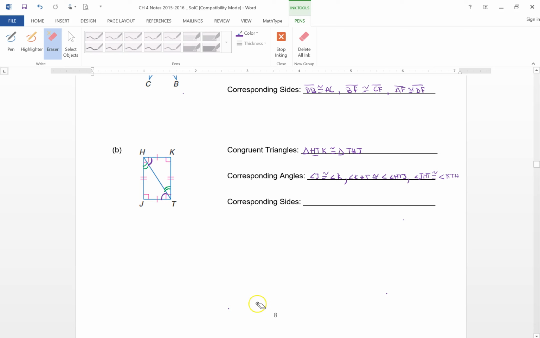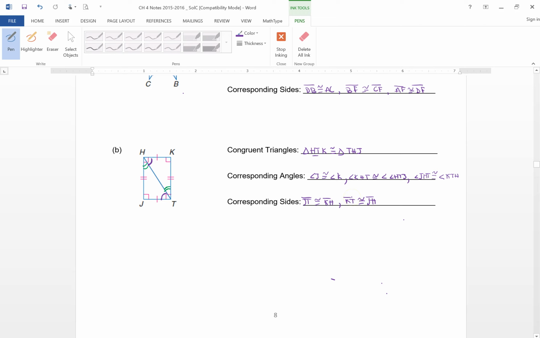I need a corresponding side. JT to KH, right? And Jesse, what's another one? KT to JH. I try to keep it consistent as much as I can.